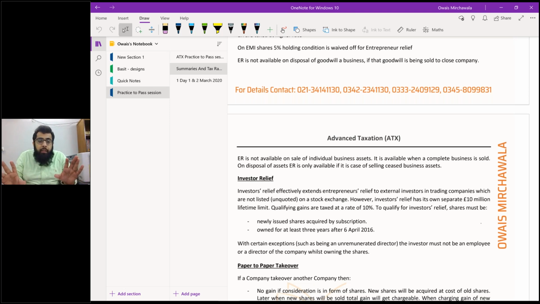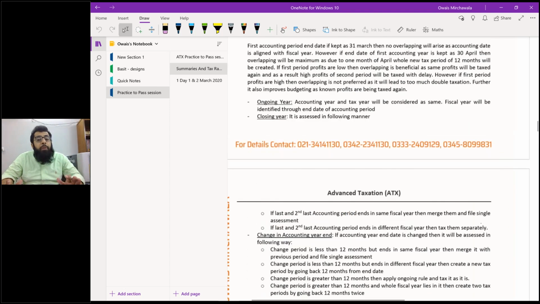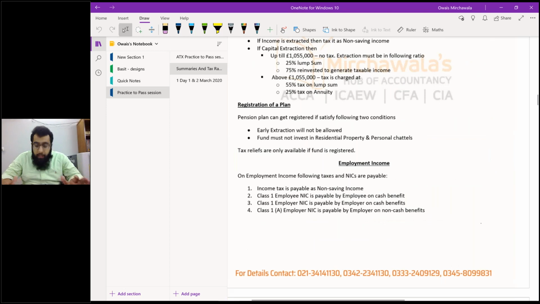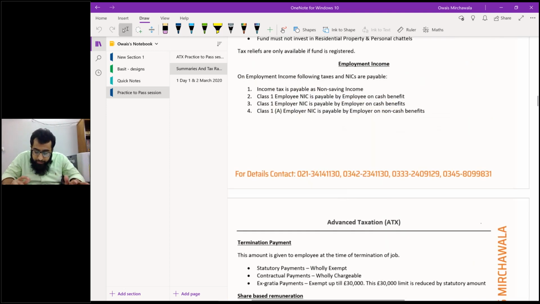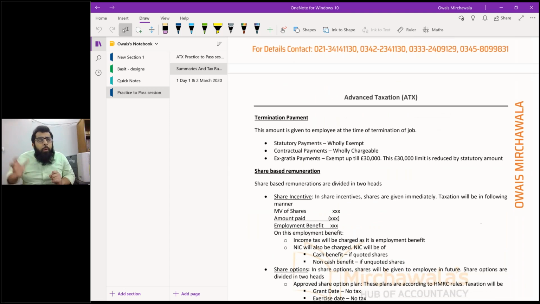Everyone teaches right. What you need to do is just read out these summary notes. For example, if you are reading employment income, termination payment, share-based payment, and you think, okay, I don't remember the detailed rules of termination, go and revise your class register.